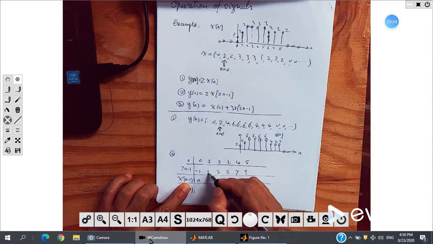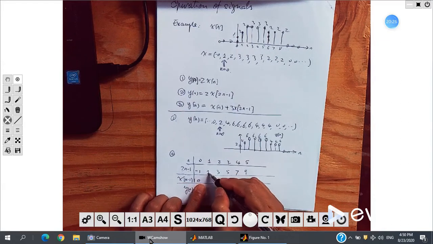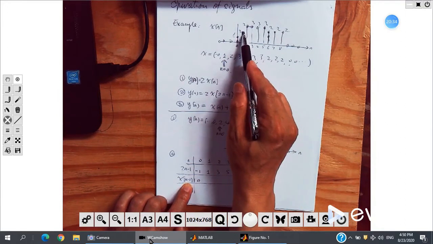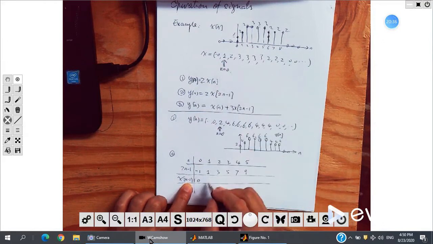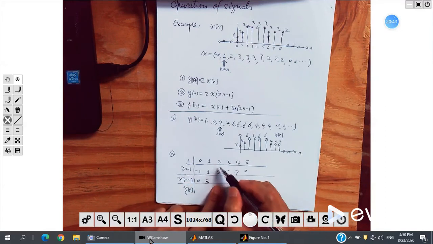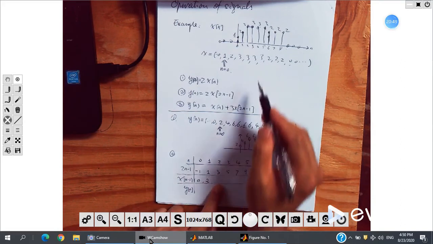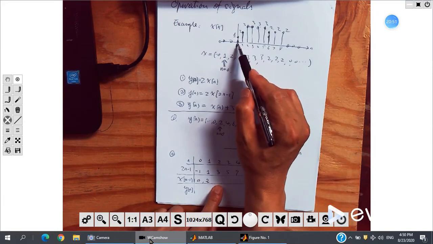And the second, n equal to 1, 2n minus 1 is 1, so this is x[1]. You look here, x[1] is 2. And then next, similar, 2n minus 1 is 3, so the value here will be x[3]. What is x[3]?